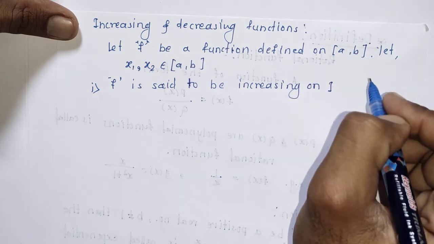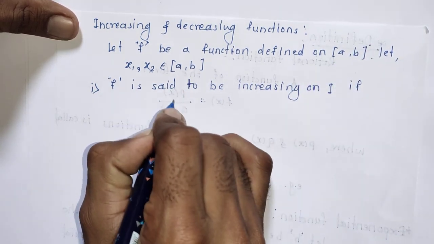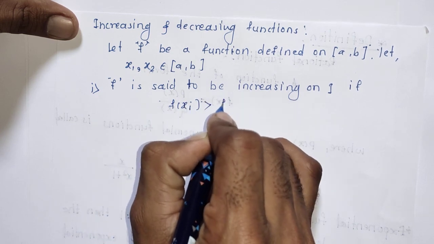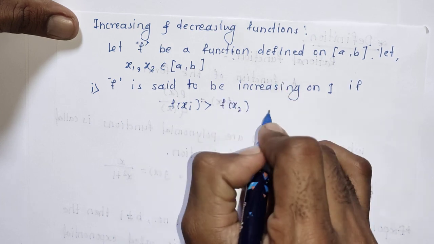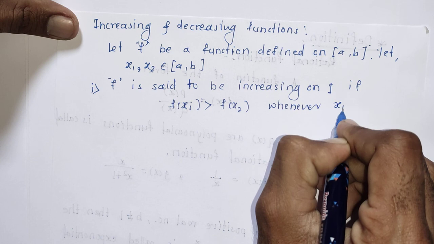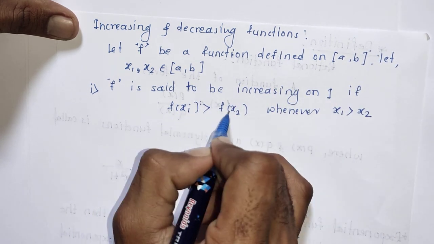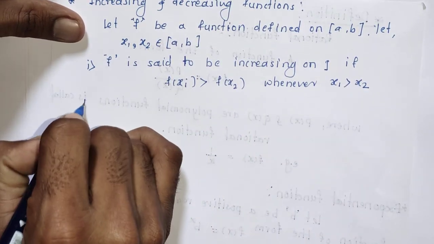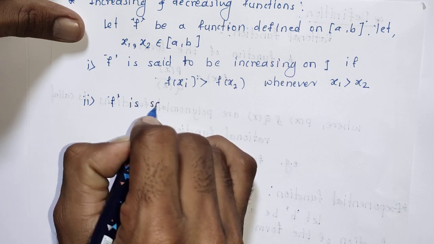Suppose that interval [a, b] is equal to I. On I, f is increasing if f of x1 is greater than f of x2 whenever x1 is greater than x2. And second, f is said to be decreasing.